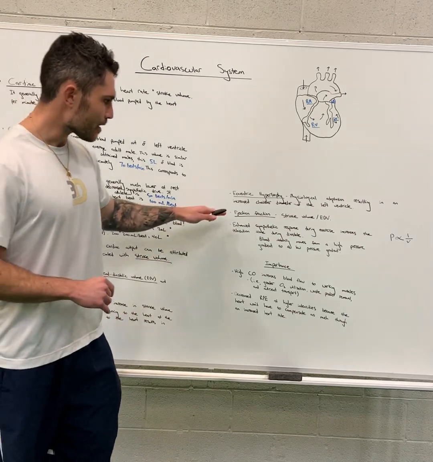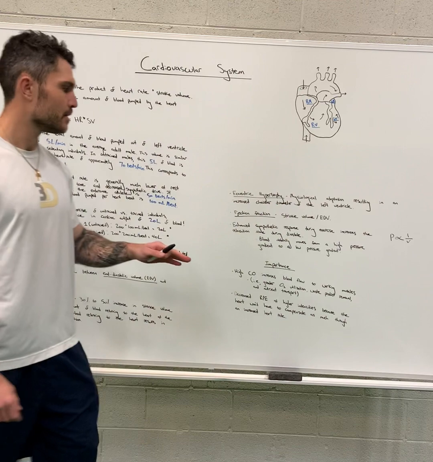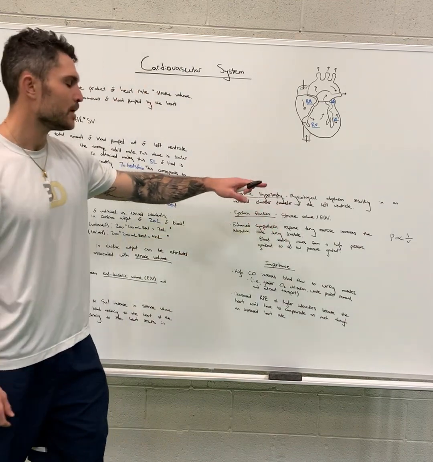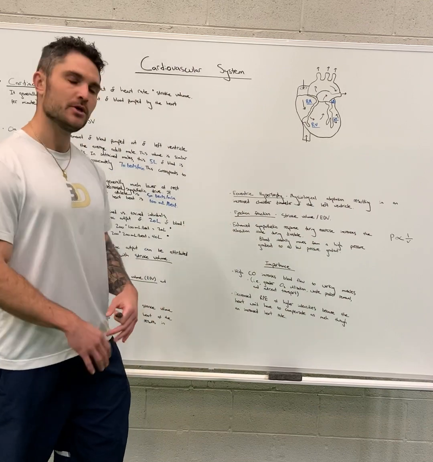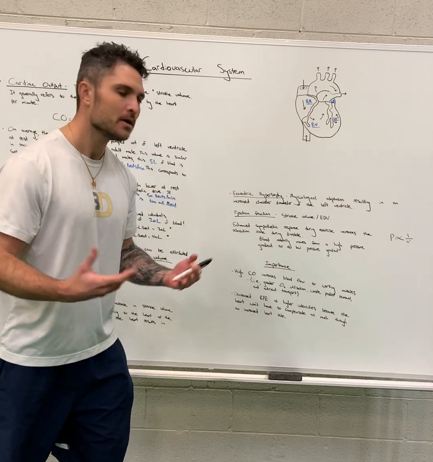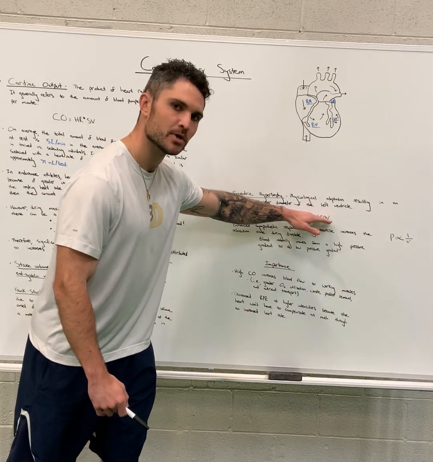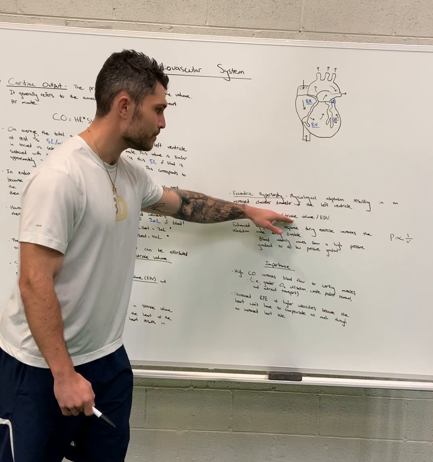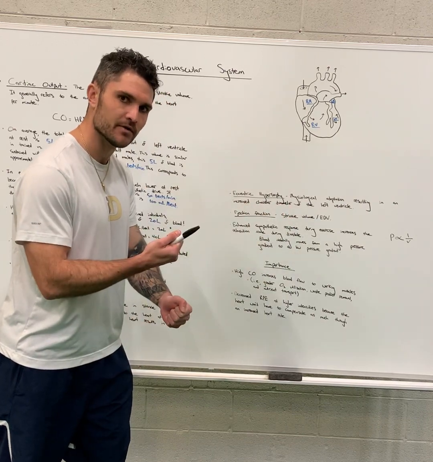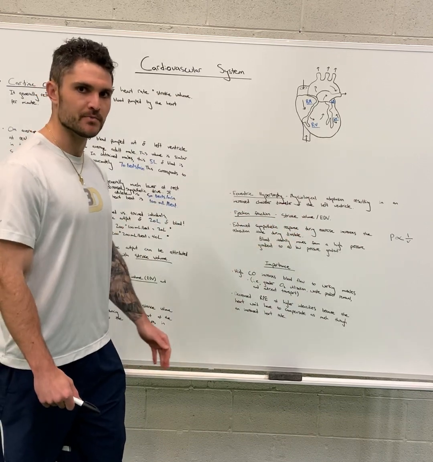Now, we can also see improvements in the ejection fraction, which is the stroke volume divided by the end diastolic volume. Now, I'm going to utilize arbitrary numbers. Let's say our end diastolic volume is 100 milliliters of blood, and our stroke volume, or the amount of blood pumped out of the left ventricle, is 60 milliliters of blood.